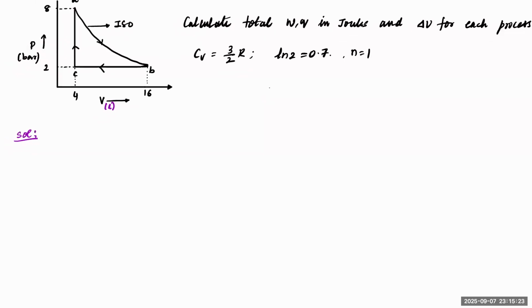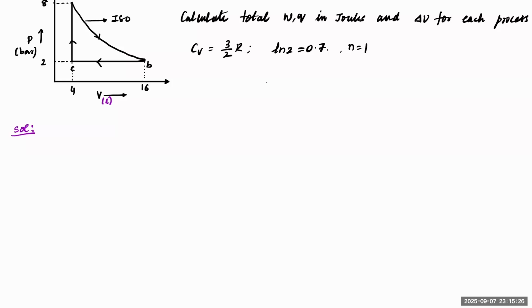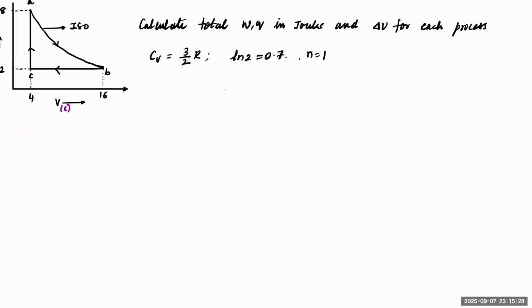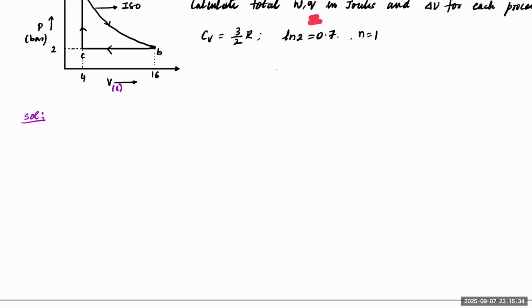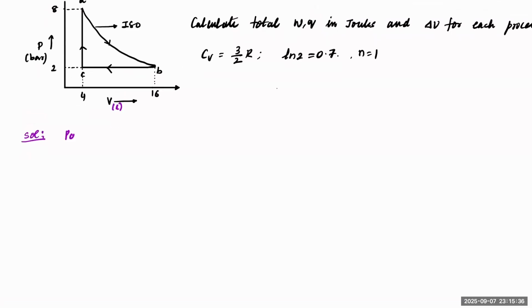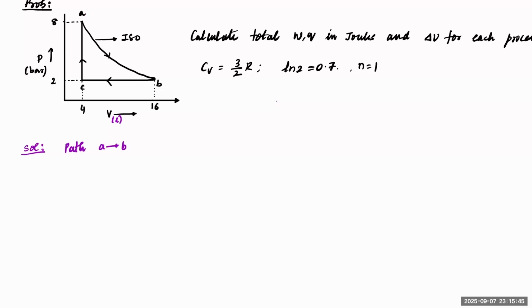So first, we will try to figure out one by one what is the work done, what is delta U, and what is heat at every point. So first, let us say path AB, path A to B. Path A to B is given as isothermal.